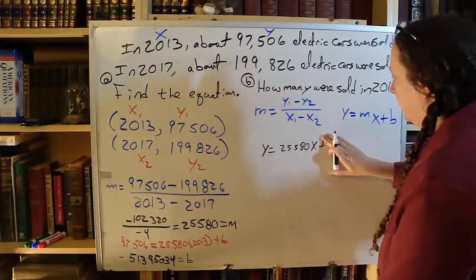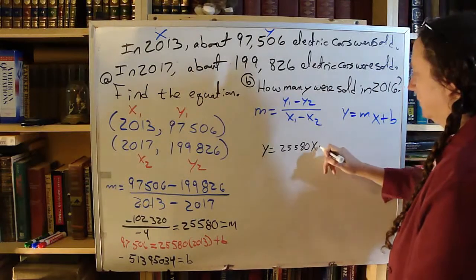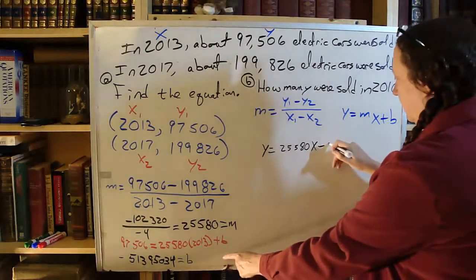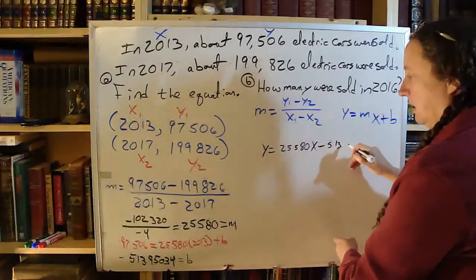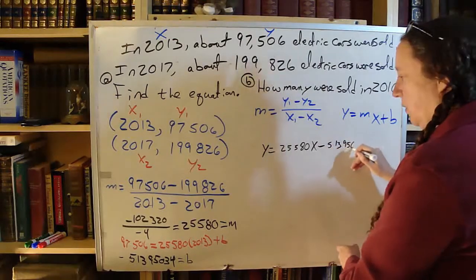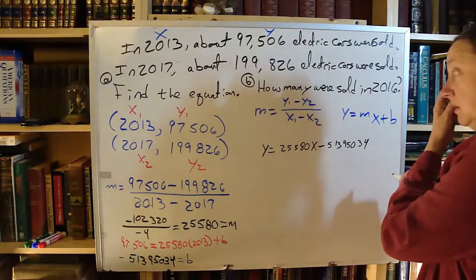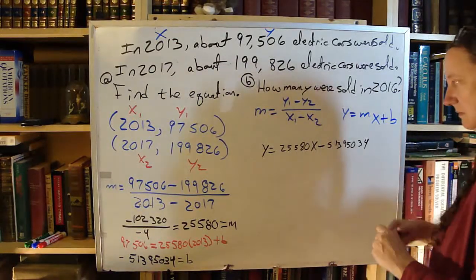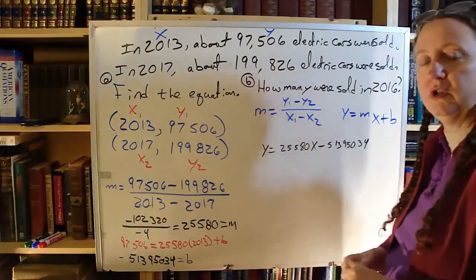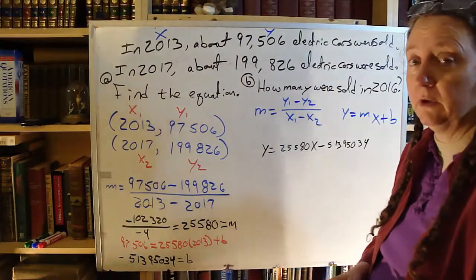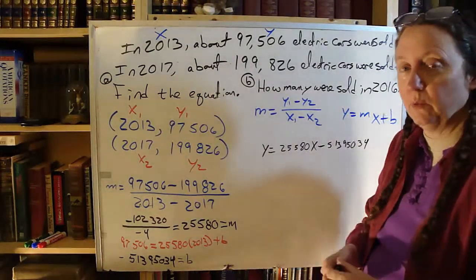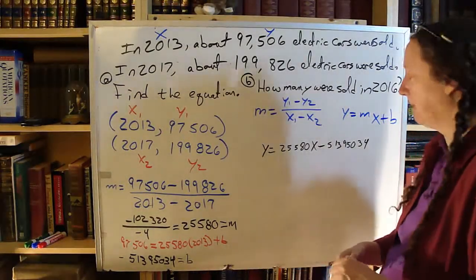So this isn't going to be a plus now, this is going to be a minus. 513,95034. Huge numbers, not pleasant to deal with. This is why we're going to do this another way in a moment.